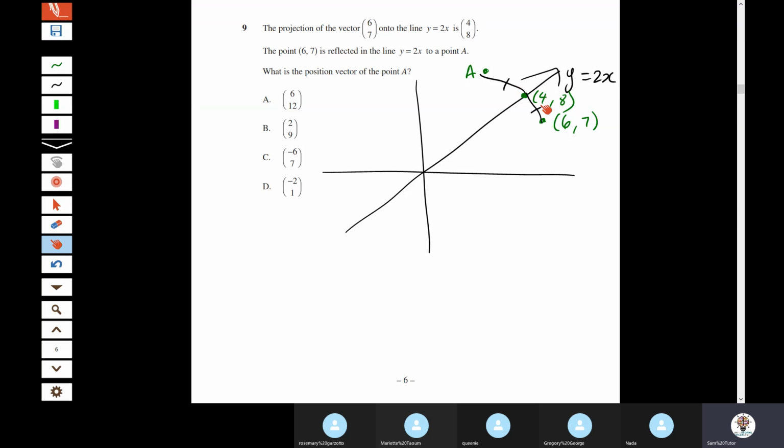So from 4, you're going to be 2 x values away again, which means you're at 2. How many y values are you away from 7 and 8? 1. How many y values are you going to be away from here? Also 1. Does that make sense?